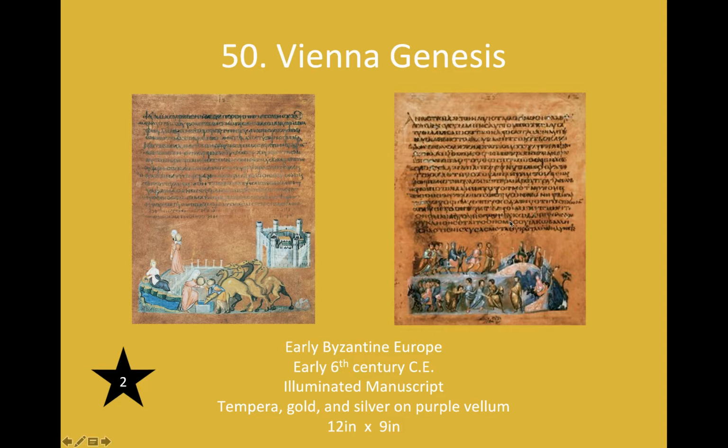This is written in Greek, by the way. Early manuscripts were either in Greek or Latin. So this is written in Greek. It would have been incredibly expensive to make. It is considered probably the most important early manuscript that exists.